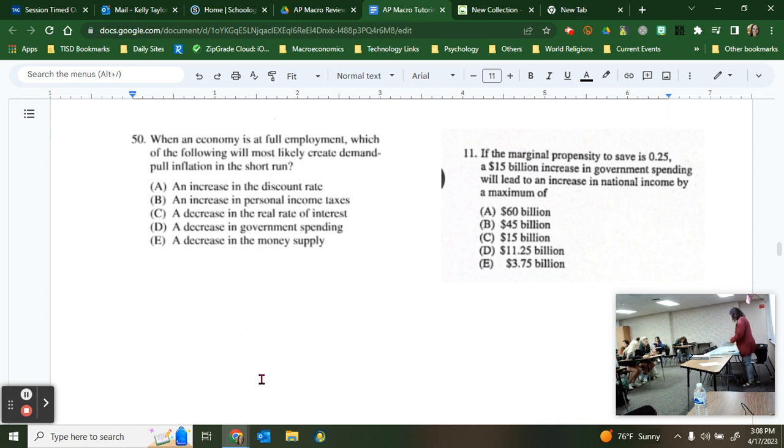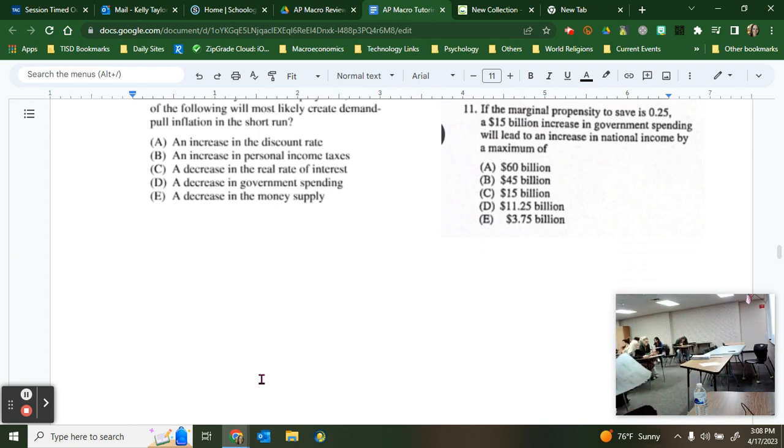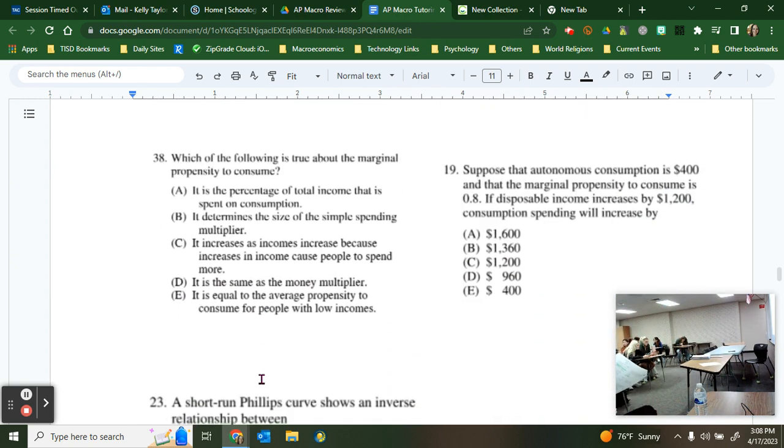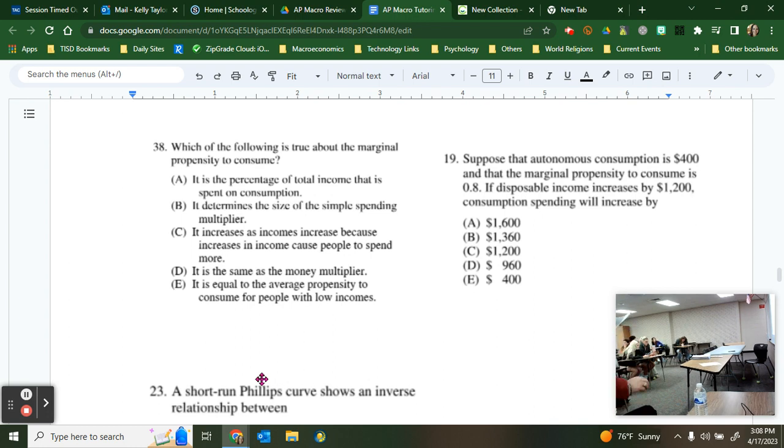Let's go over. All right, 38. The marginal propensity to consume formula is on the board. It's change of consumption over change of income. And that's right, but none of the answer choices say that.